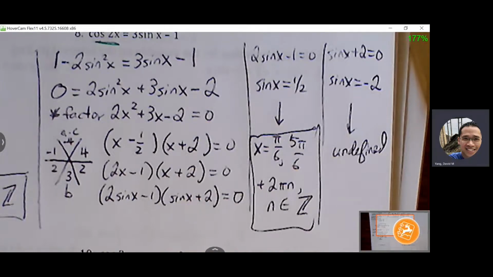Okay, number 9. Should feel like number 1. Well, expand first, and then it should look like number 1. But yeah, give number 9 a try. I'll follow up with the steps.